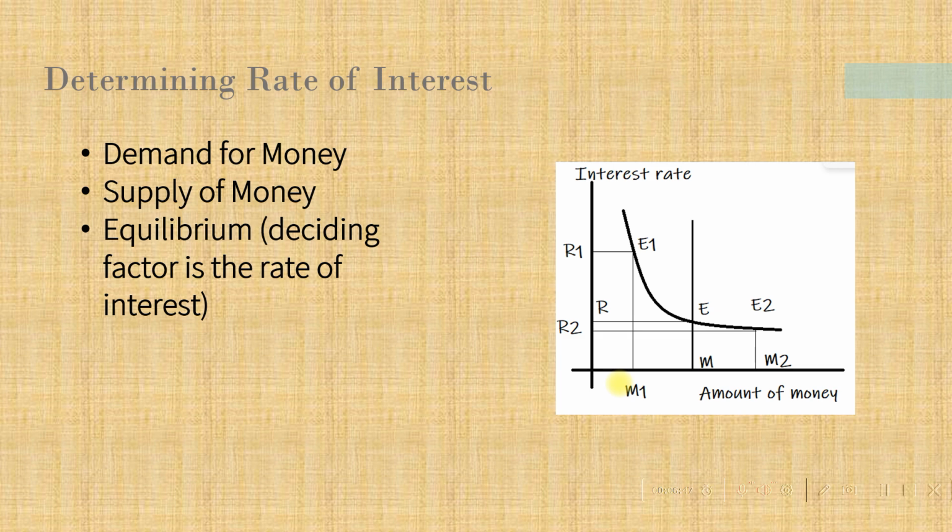Similar to the price of any product, for money, the interest rate is determined at the level where the demand for money equals supply of money. When these two parameters intersect, an equilibrium rate of interest is established. When there is a deviation from the equilibrium position, an adjustment is brought in by way of rate of interest so that a new equilibrium is established.